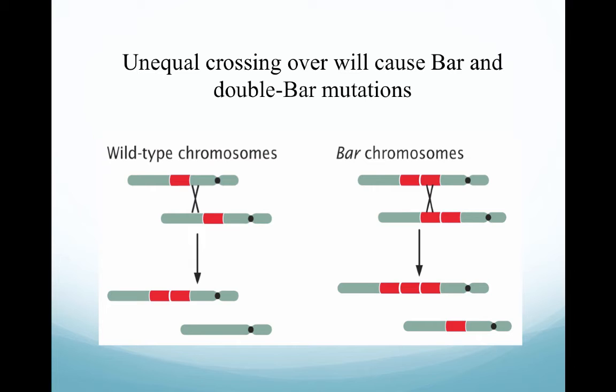So if that doesn't happen in equal proportion, then you get these extra regions or these duplications within those chromosomes. So the duplicated segments of the chromosomes then are not going to be able to align with each other the way that they need to in metaphase, and you're going to get that loop fashion that we saw a couple of slides ago, and that's really going to alter the way those chromosomes match up as well as separate in anaphase.